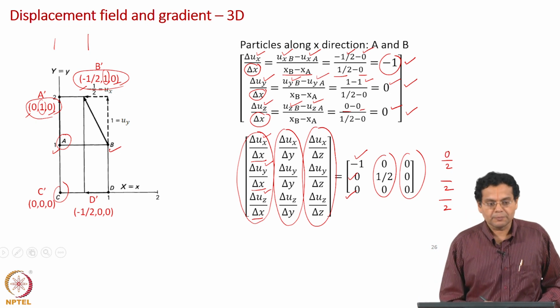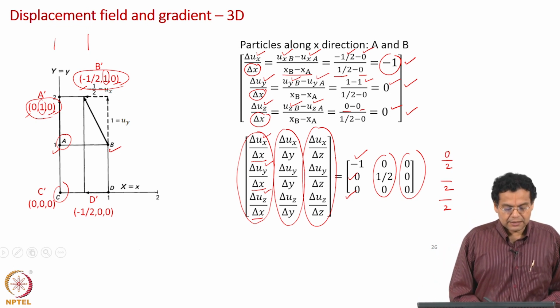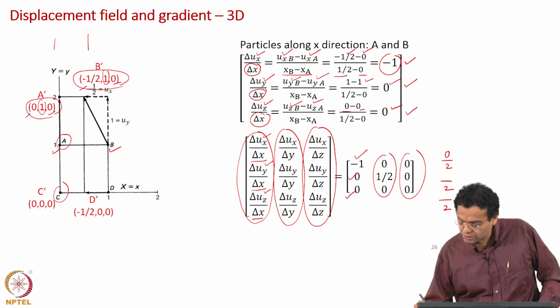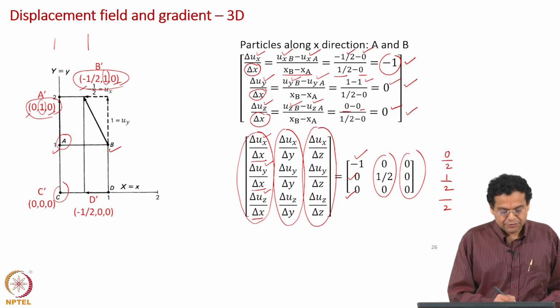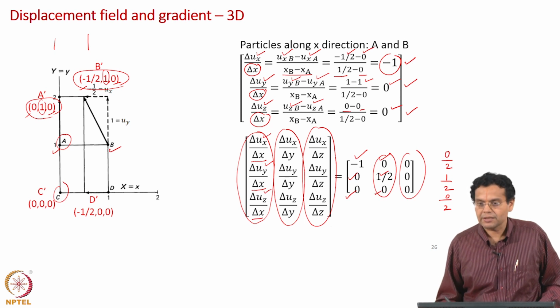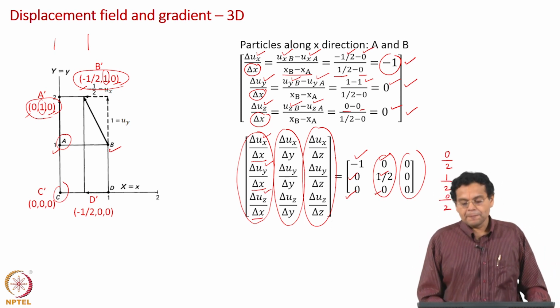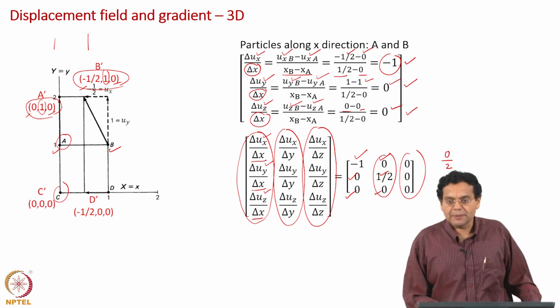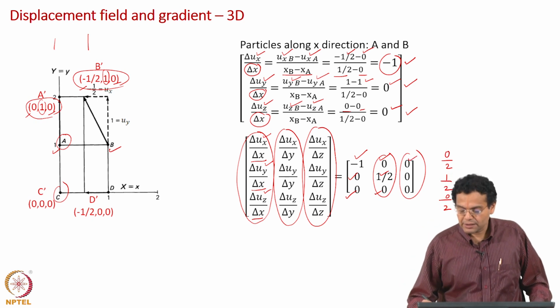So, 0 by 2. If you consider the difference in y displacement, it is 1 minus 0. So, you have 1 here. Difference in z displacement is of course 0. So, that is why you have 0 here, 1 by 2 here, 0 here. Similarly, of course, in the z direction there is no displacement at all. So, all values are 0 here.